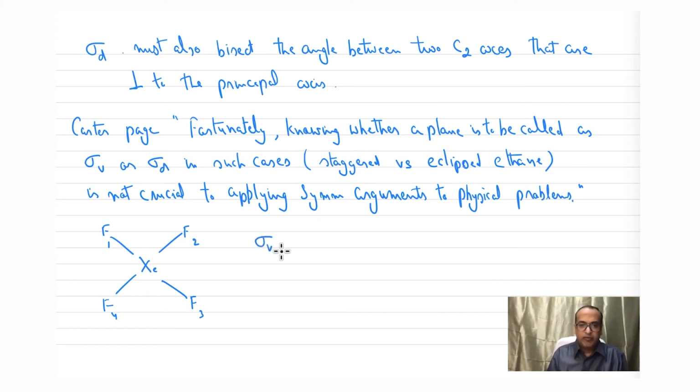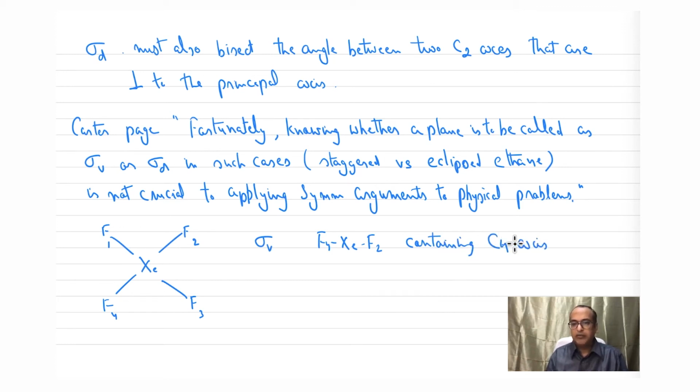So sigma V will be a plane which is passing through F4, Xe, F2, these three atoms, and containing the C4 axis. Right?